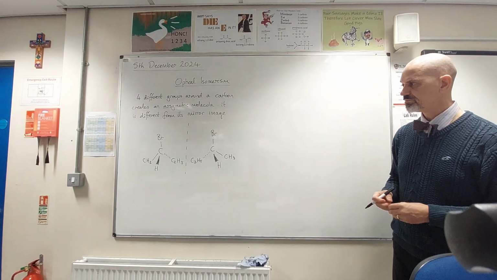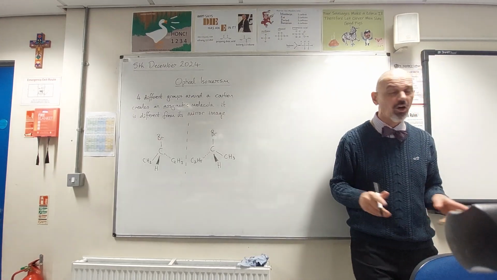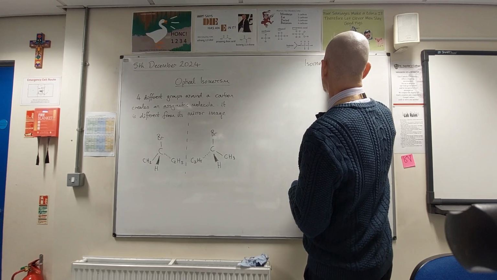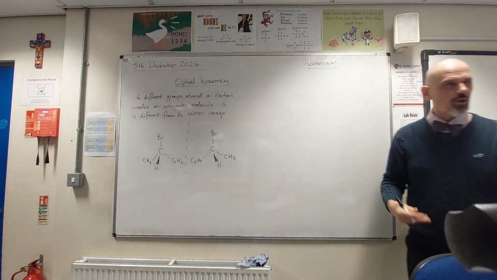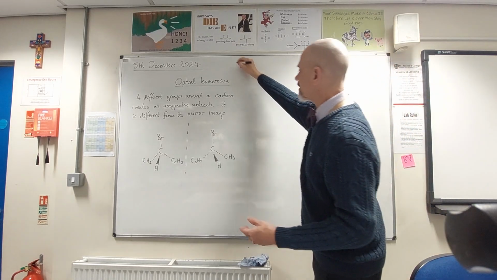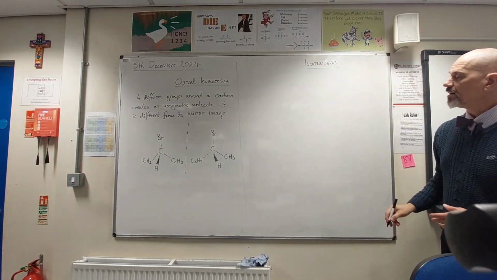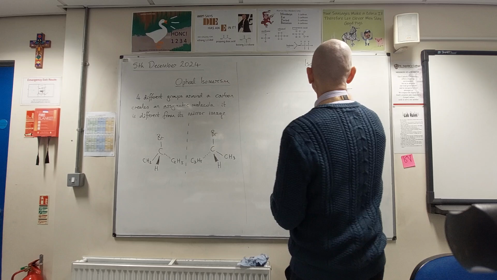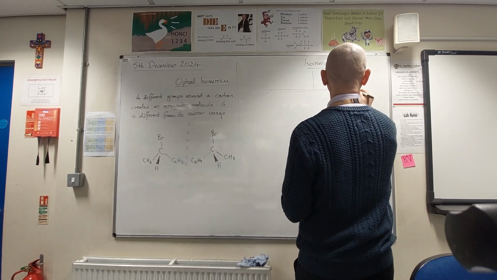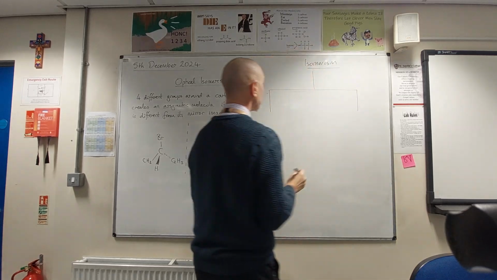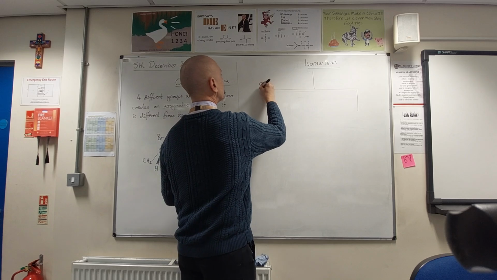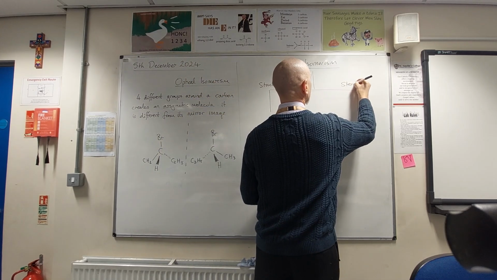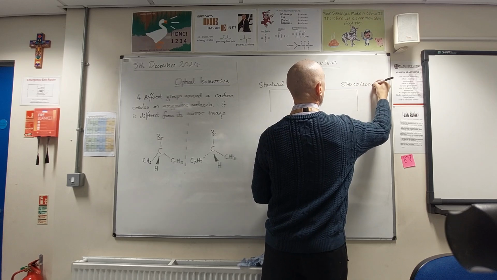Any other questions? Just before we go on, I just want to do a quick family tree of isomerism, just to remind you where we are. I know this came up a bit in the mock, but there are two fundamentally different types of isomerism: structural and stereoisomerism.